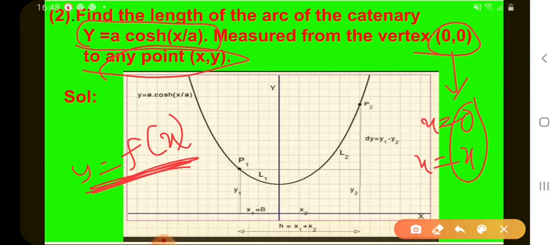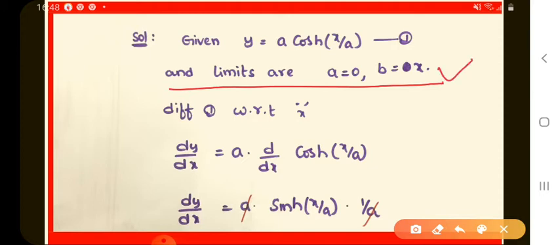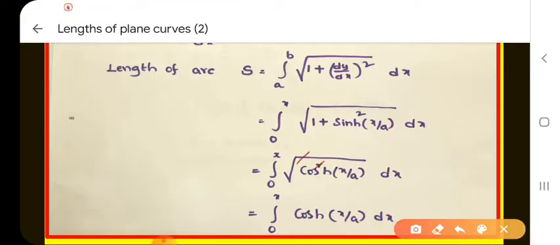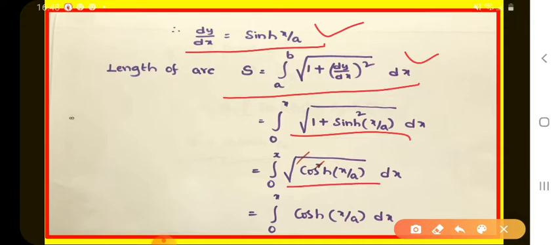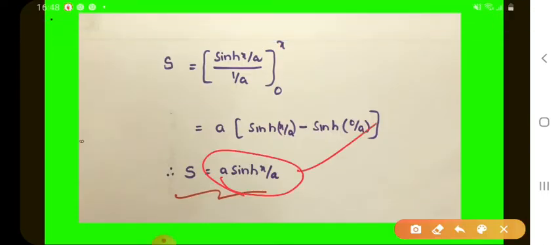So the limits are 0 to x. Next, since the equation is in the form y equals f of x, we need to find dy by dx, so I differentiate the given equation. We get dy by dx equals sin hx by a. I substitute into the formula and simplify. We get the answer a sin hx by a. This is the length of the given arc.